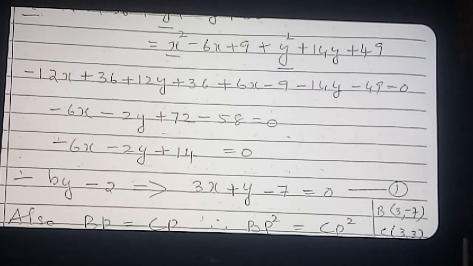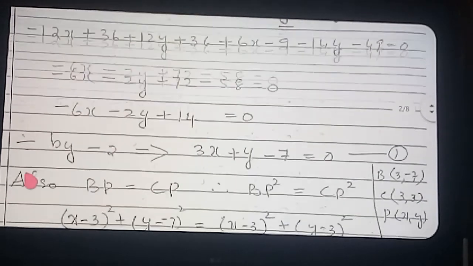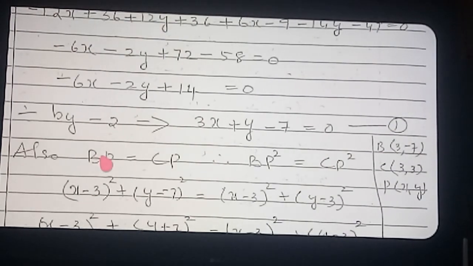Clear now? Now listen here. In the same way, for the second case take BP and CP. BP and CP we also do by the same method. BP: (x minus 3) the whole square plus (y minus 7) the whole square is equal to CP: (x minus 3) the whole square plus (y minus 3) the whole square.